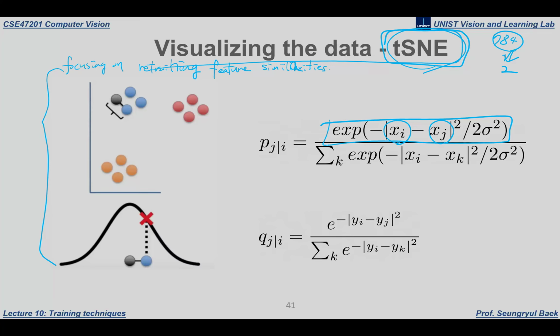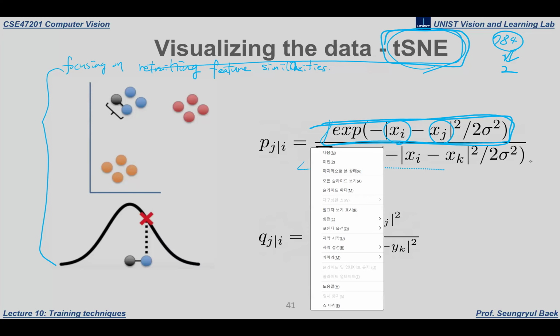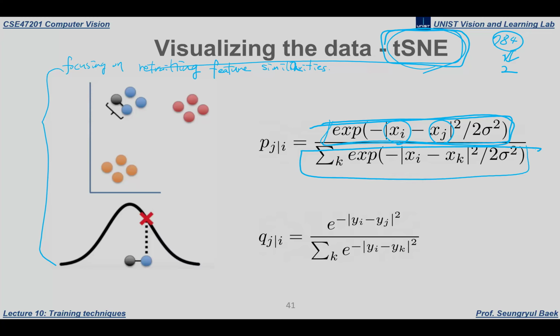The bottom part adds up all the distances between the data samples, summing over all the pairwise data. Considering all other pairwise relationships between all other samples, this tells how much the i and j samples are similar.